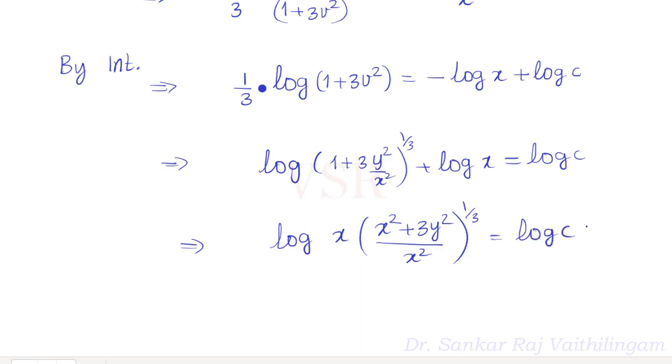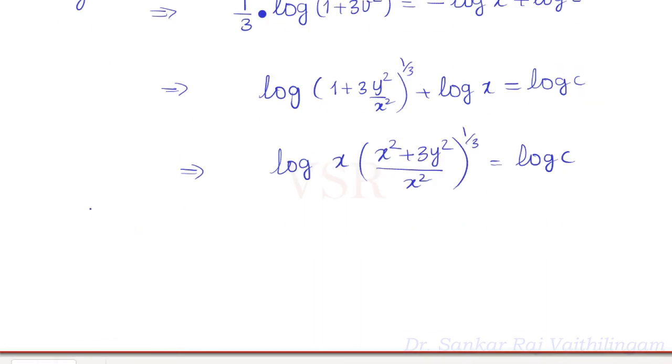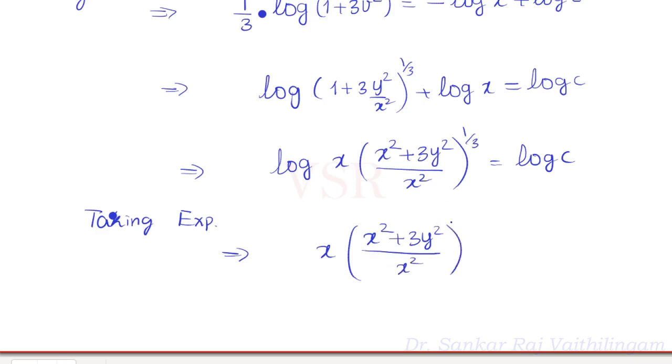Okay. இப்போ taking exponential, so this implies that I may have this is x into ((x square plus 3y square) divided by x square) the whole power 1/3, which is equal to constant.